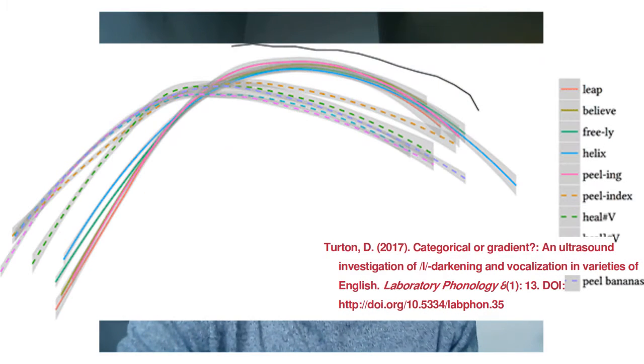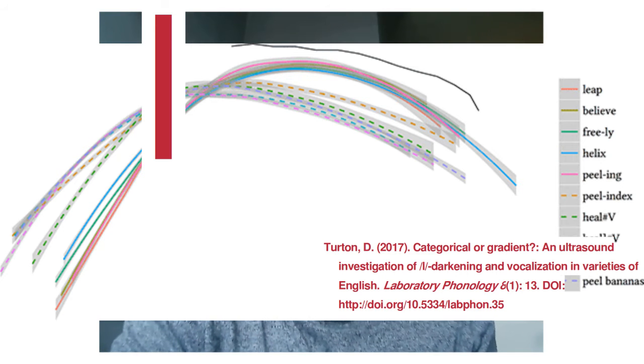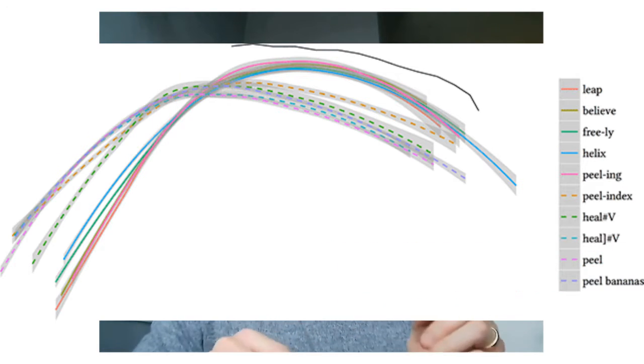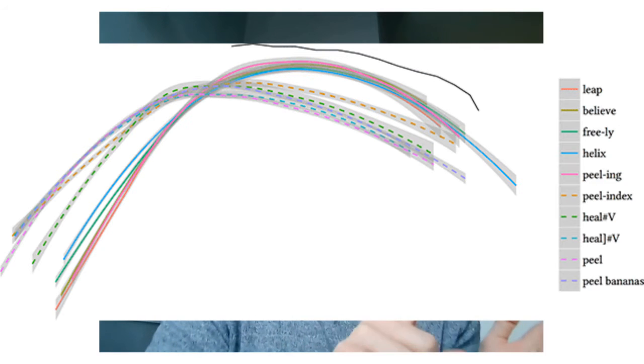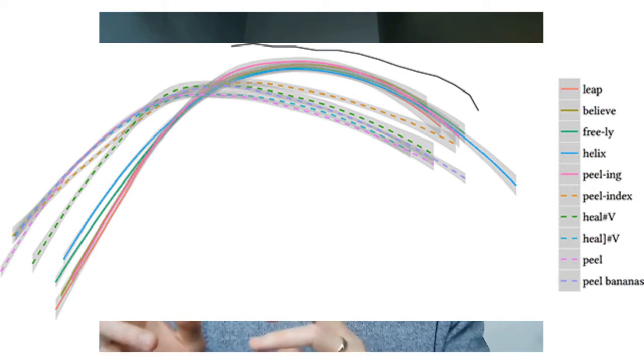The tongue's shape is then traced in the resulting video, as in these tracings of an RP speaker producing L segments in a range of phonetic environments in Turton 2017. In this image, the front of the tongue is on the right of the image and the root is on the left. And the difference in shapes shows that the RP speaker uses an alveolar articulation for L at the beginning of syllables and a velar articulation for L at the end of syllables.